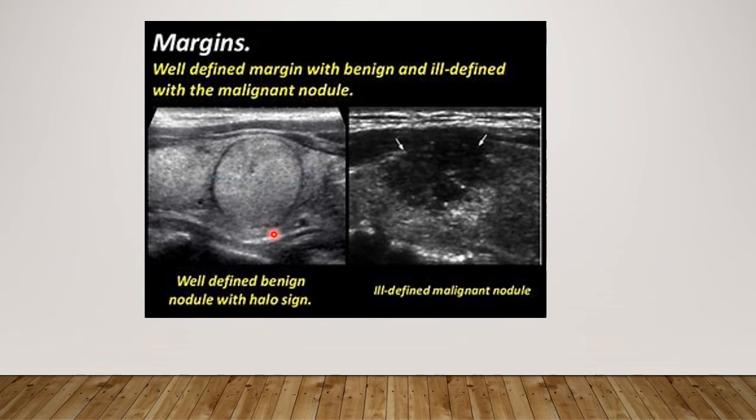Same here, a well-defined margin with benign, and an ill-defined margin here. This is a malignant nodule, usually papillary carcinoma, and this is a benign, well-defined nodule with a halo, suggesting it is a benign nodule.